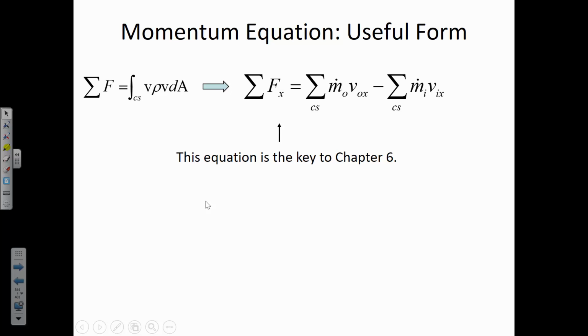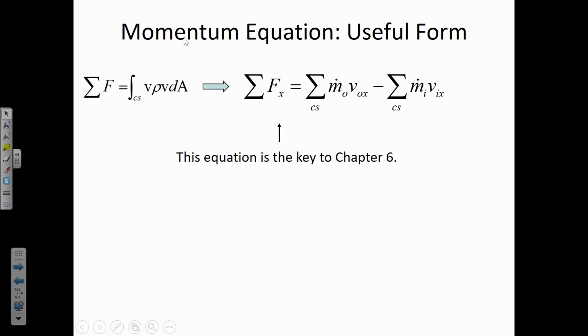So just like in Euler's equation, where you had to do a little bit of a translation depending on the direction of acceleration, in this case the momentum equation also requires a little bit of translation depending on how many streams in and out of the control surface you're observing.